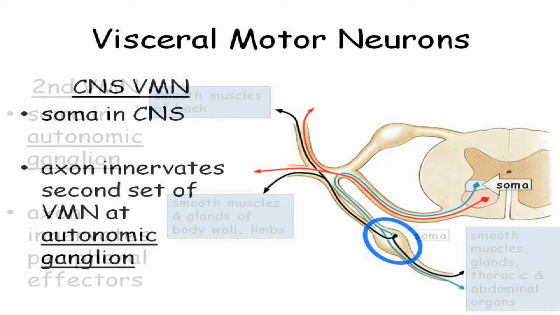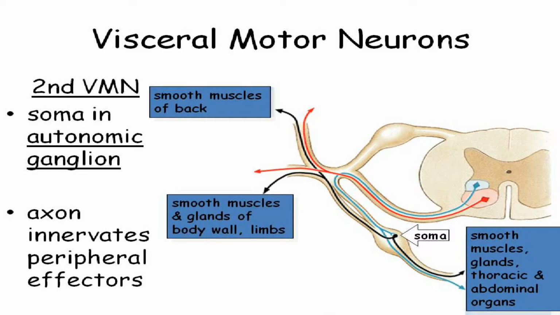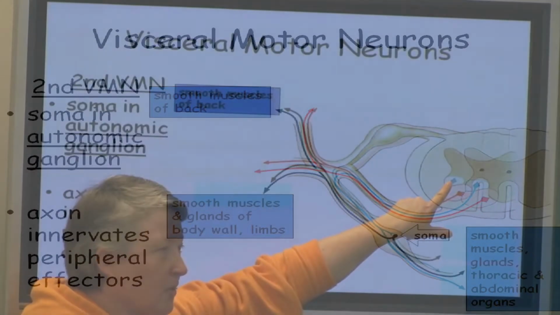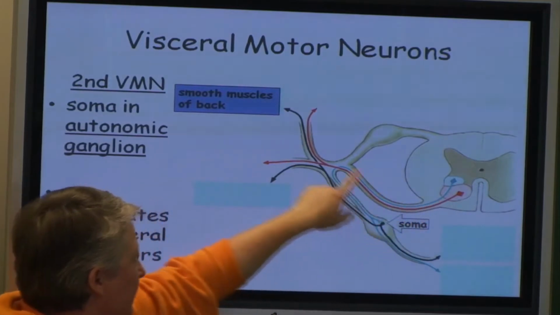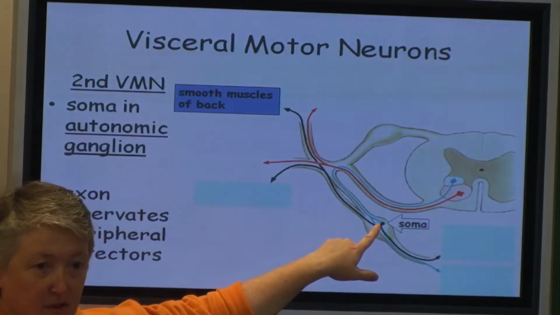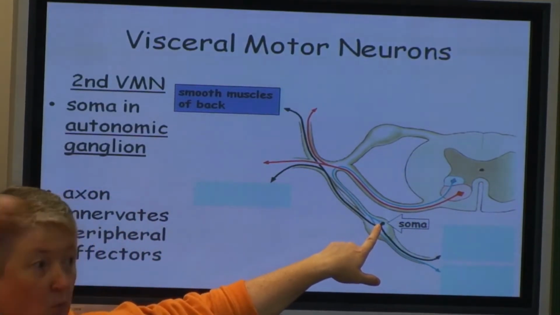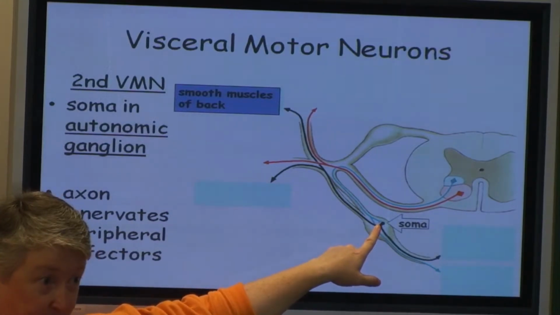Does that make sense? All right, now, it's the second visceral motor neuron, VMN, visceral motor neuron, right? Its soma is going to be in the autonomic ganglia, and then its axons can go several different places. Visceral motor neuron starts in the spinal cord, synapses with a second visceral motor neuron in some ganglia somewhere, right?